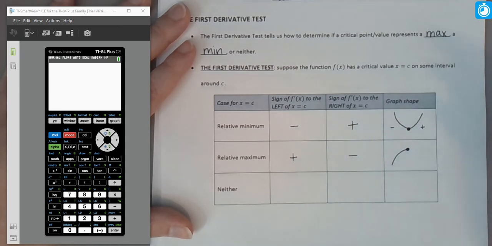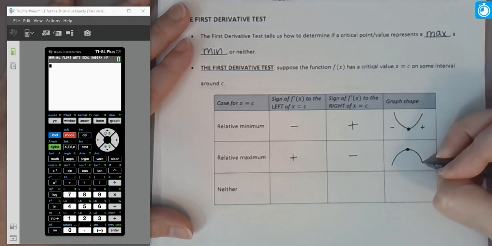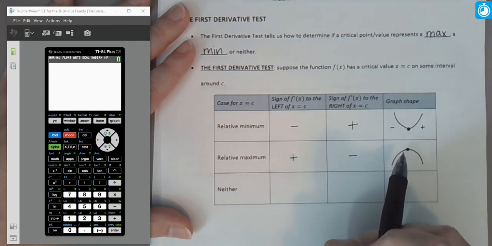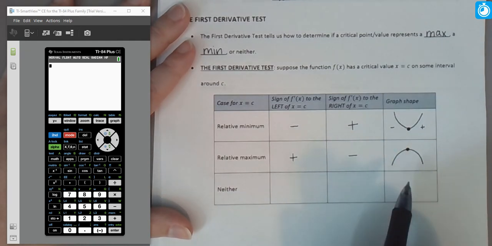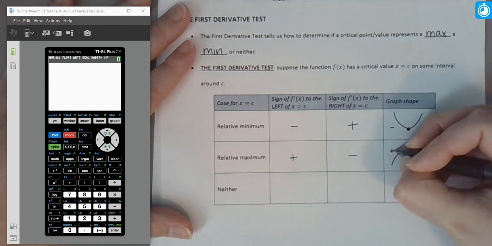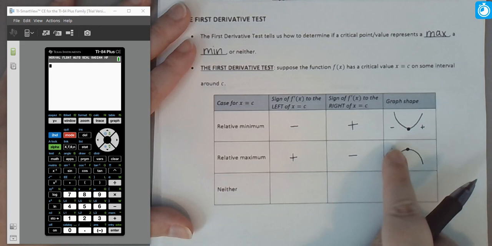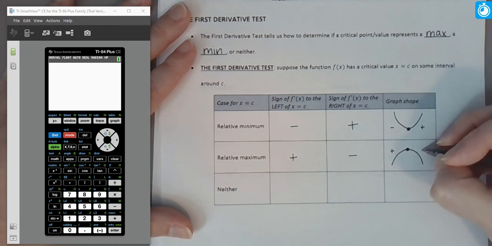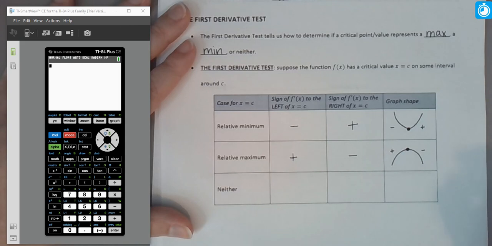To the right, we have a negative derivative, which means our graph is sloped downward. So over this interval, the critical value represents the location of the highest point. Positive derivative to the left means we're climbing up to this point, and negative derivative to the right means we're declining from wherever that point was.